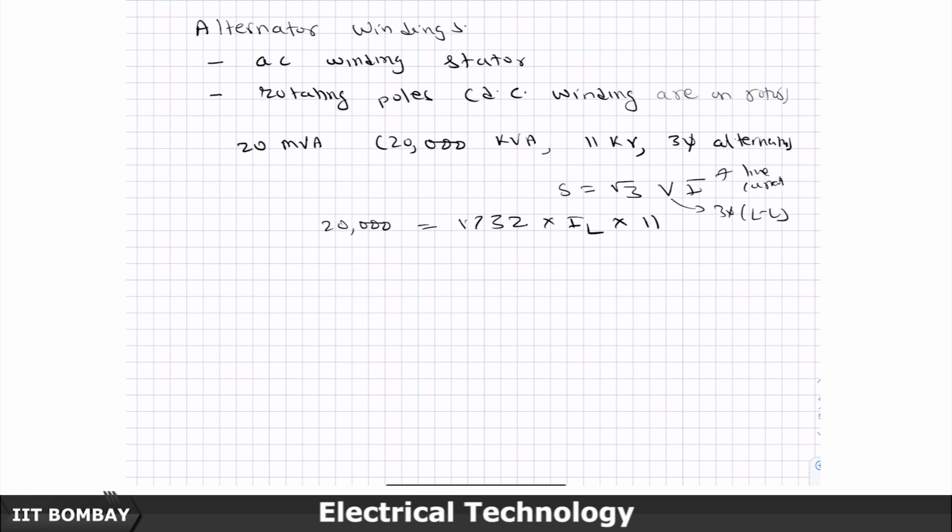So, if you calculate the line current IL here, this is going to be 1050 amperes.